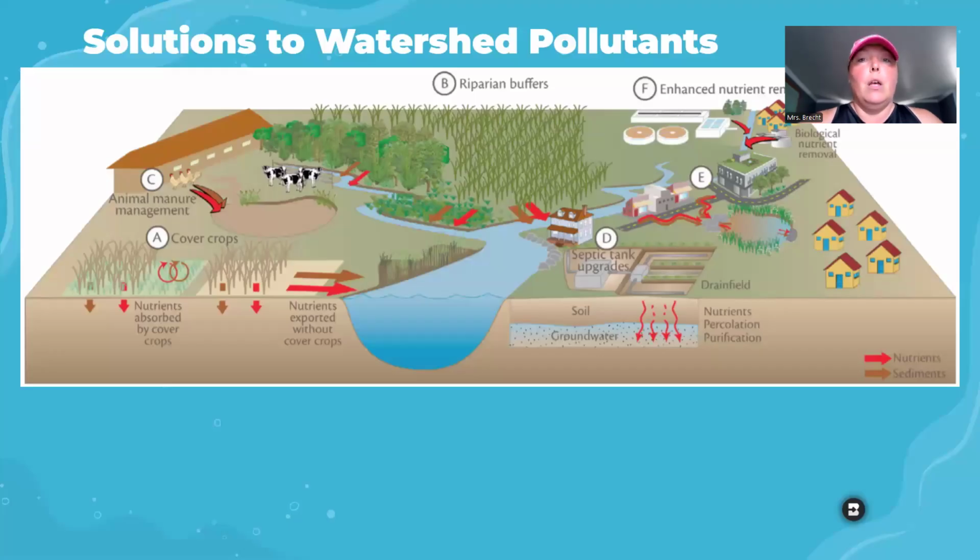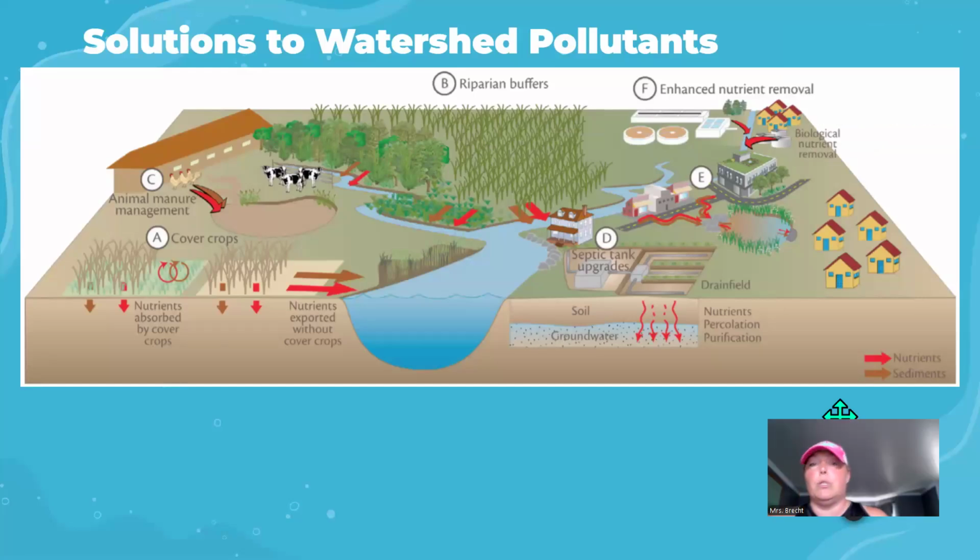So some of the solutions to those pollutants that we just talked about: you could try to use things like cover crops. So in your farms, you actually plant crops that are growing when you're not harvesting. That will keep soil in place. Something like a riparian buffer.